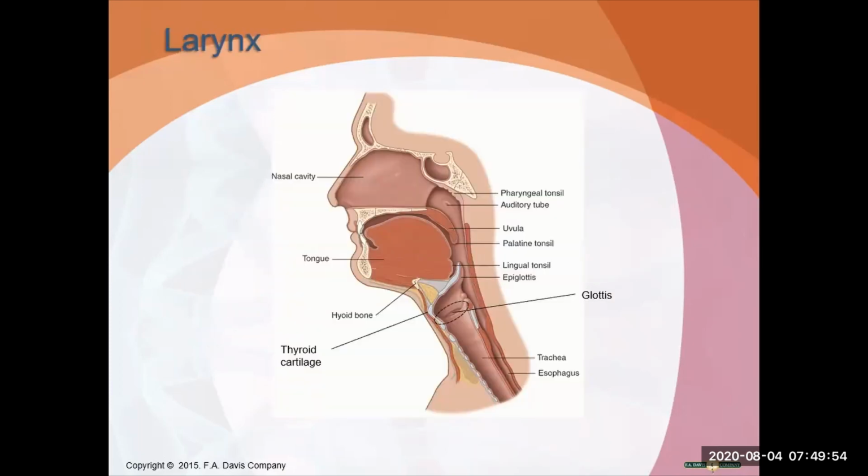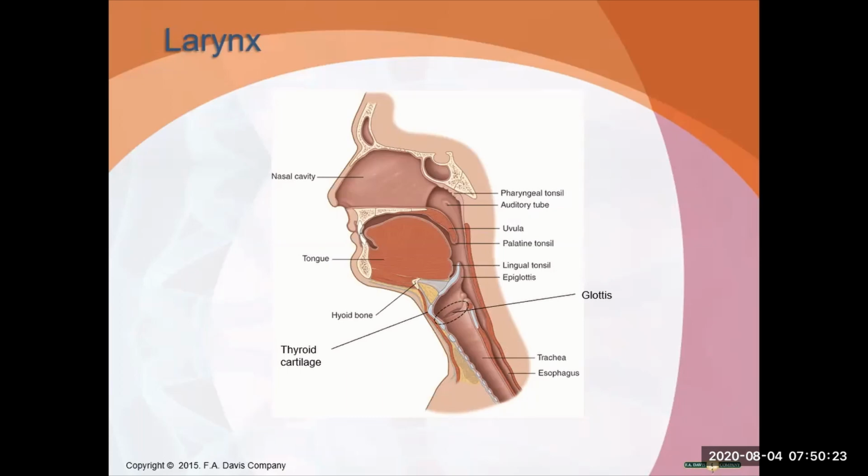The body at work. Air passing between the vocal cords during exhalation produces sound. Loudness depends upon the force of the air. The more forceful the air, the louder the sound. Only the vocal cords produce sound. However, the pharynx, oral cavity, tongue, and lips shape the sounds to form words.